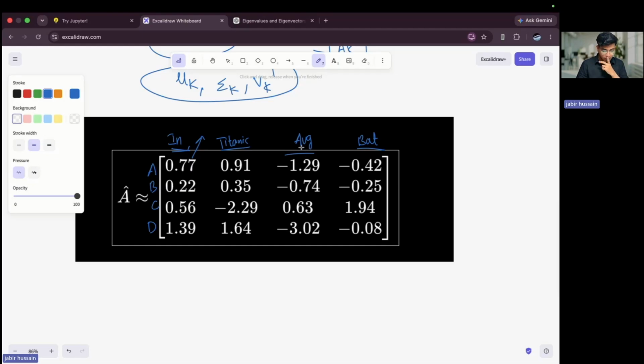Okay, so let me tell you that for user B, there were two blanks, if I'm not wrong, this and this. So because there were two movies which he has not seen, we will recommend Titanic first, then Avengers, because we got the ratings like this. Okay, so this is the example.